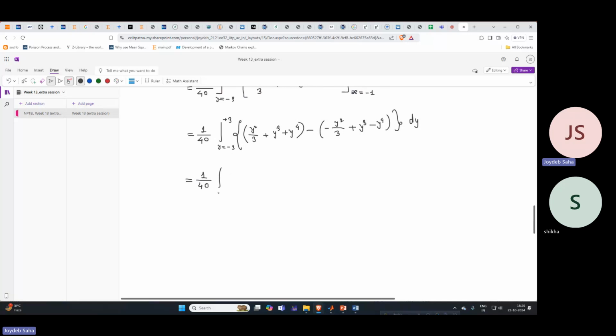This is 1 upon 40. We will get y is equal to minus 3 to plus 3, 2 into y square upon 3, this will be cancelled out and it will be plus y to the power 5, sorry, y to the power 4 dy.